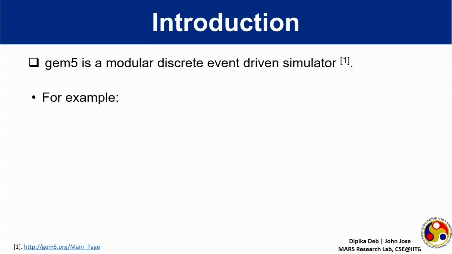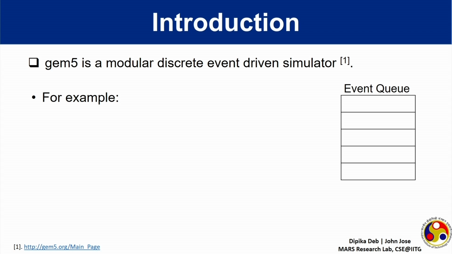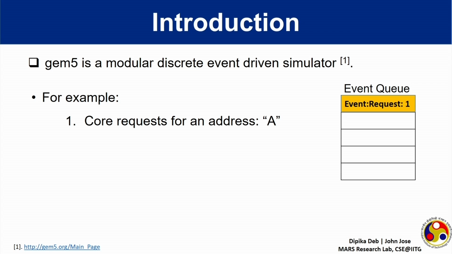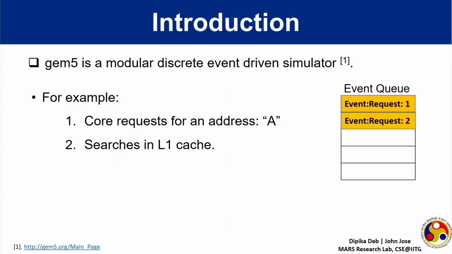For example, let us suppose that this is an event queue and a core requests an address A. The request is processed as an event that is entered into the event queue. Assuming that the current clock cycle is 1, the event is time stamped with 1. As the event gets dequeued, the normal procedure is that whenever a core generates an address, it is initially searched in the L1 cache.